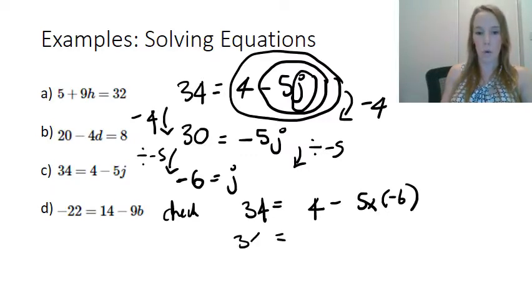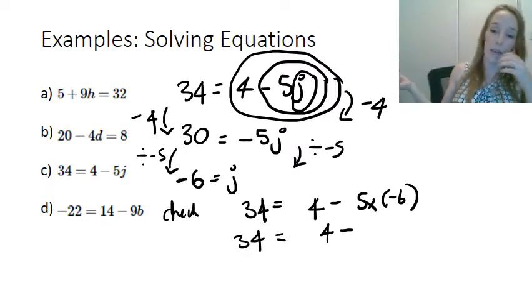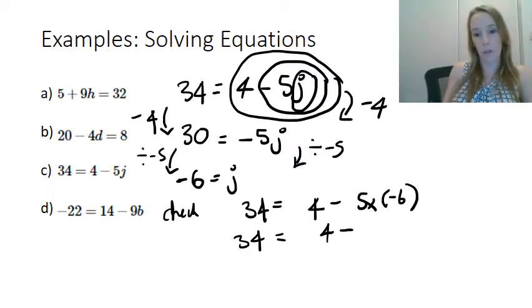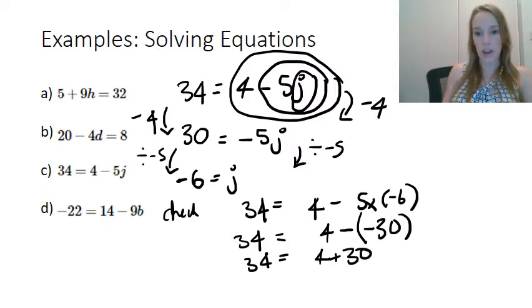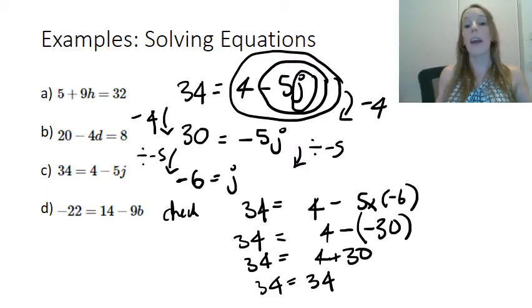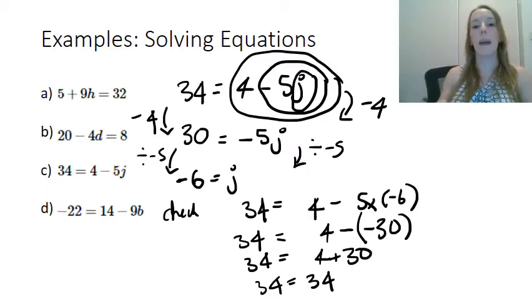So 34 equals 4 take 5 times negative 6, which is going to give us negative 30. And remember, when we're taking a negative, it's the same as adding. So 34 equals 4 plus 30. 34 equals 34. Good, we were correct. So make sure you're always substituting it back in so that you can check whether you're correct or not.